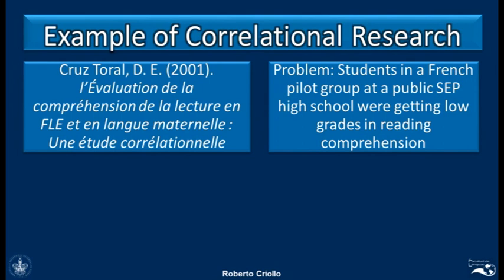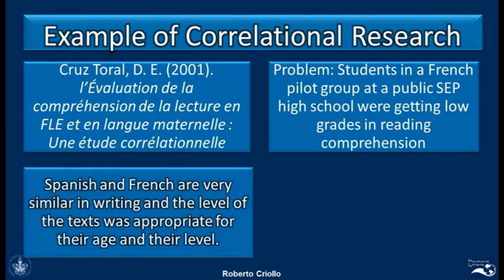However, the students were getting really low results in this pilot course. Obviously, they didn't think that the problem was the level or the difficulty of the exams, because the texts that we were using were appropriate to the level and their age.